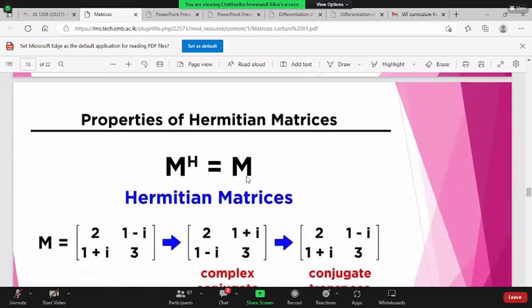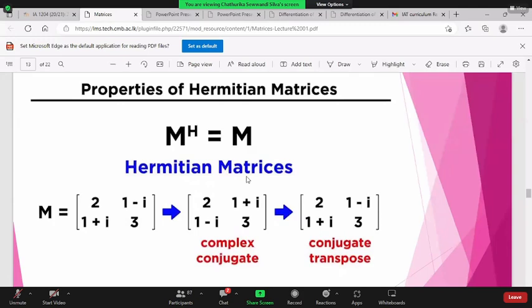So here M is 2, i minus 1, i plus 1, 3. So we can get the complex conjugate: i plus 1, i minus 1, and so on, and 3. If we transpose, you identify it's a square matrix again. This M is a square matrix.